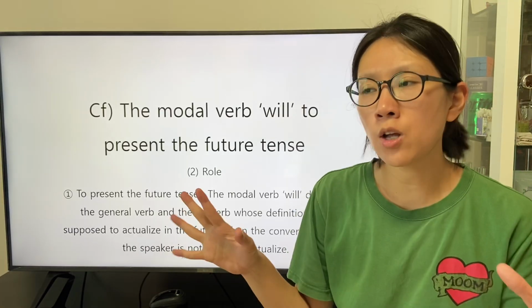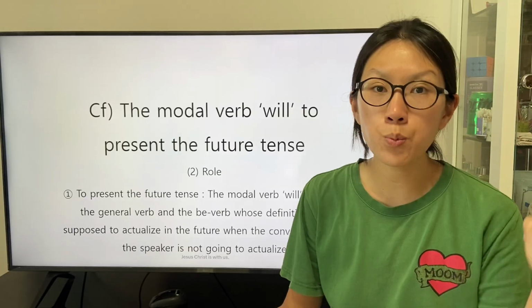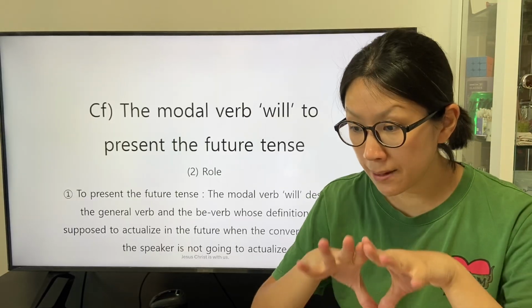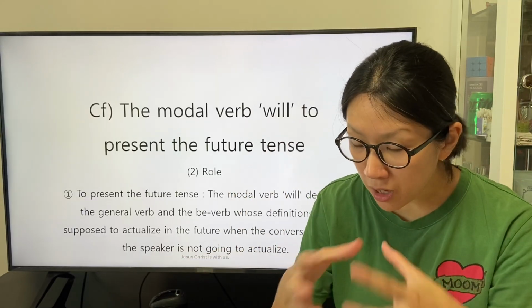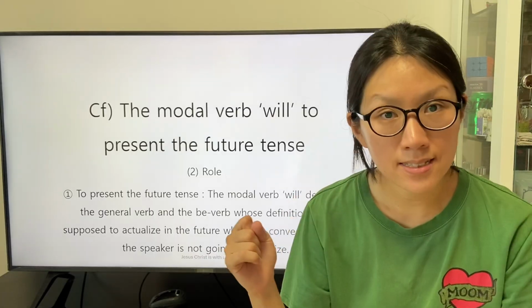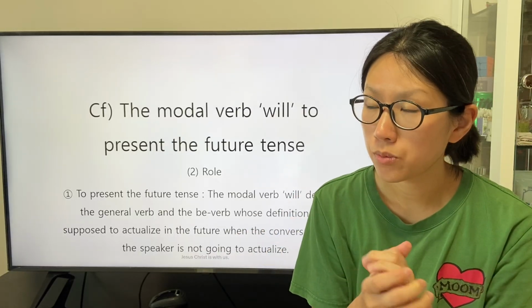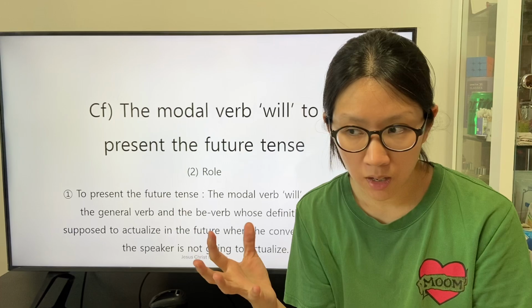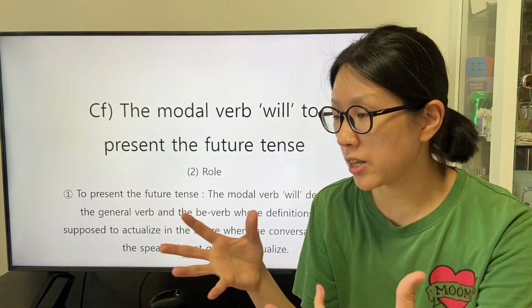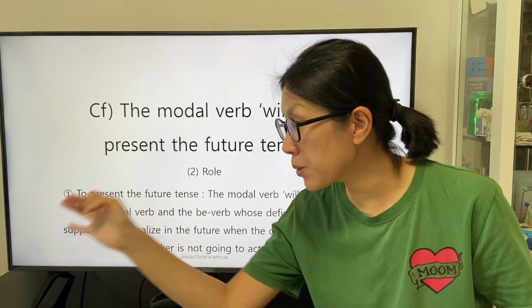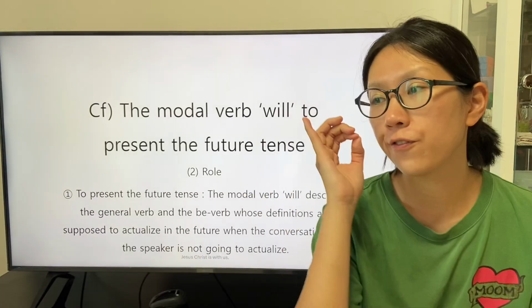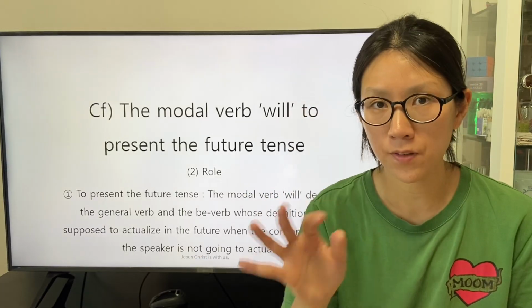The application of the modal verb will may imply the fact that the subject needs to be determined on the actualization of the experience, condition, or action indicated by the definition of the verb.